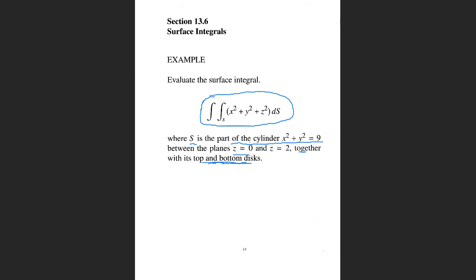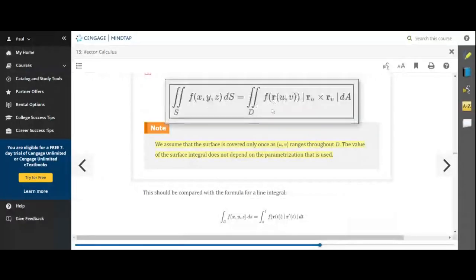Now, wait, let's also remember what we have to do here. This is the formula that you're going to have to use. You're going to have to compute three of these surface integrals and then add them.